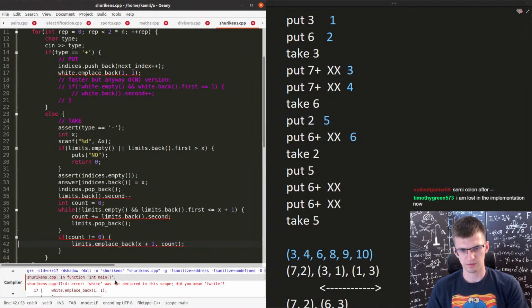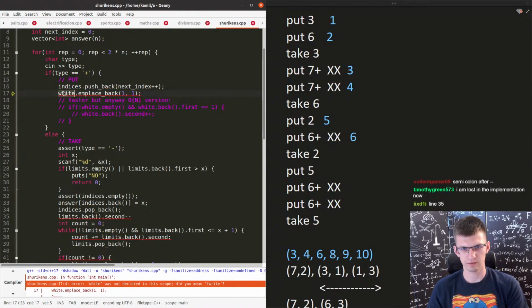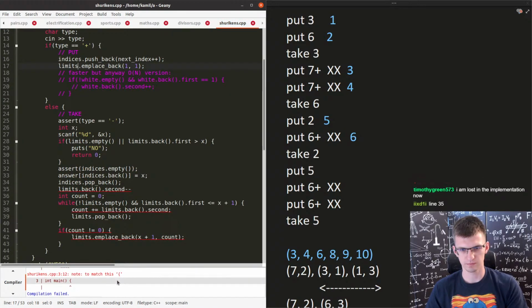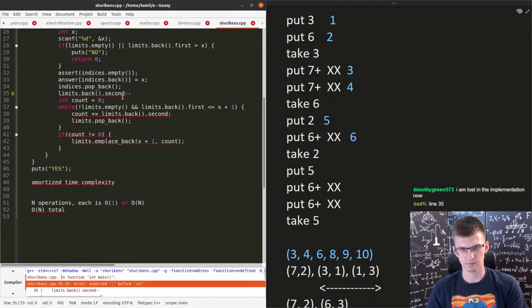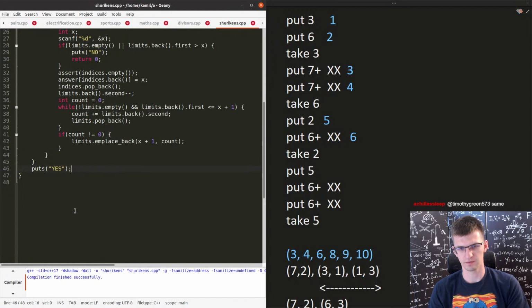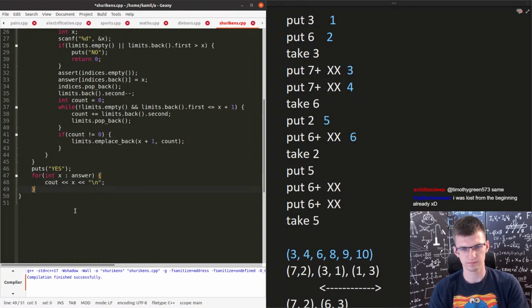Right, I messed up. White, no limits. Semicolon after minus minus. Those types of mistakes are extremely easy to figure out because the compiler will tell me exactly that. I wanted to use cout, so let's use cout.